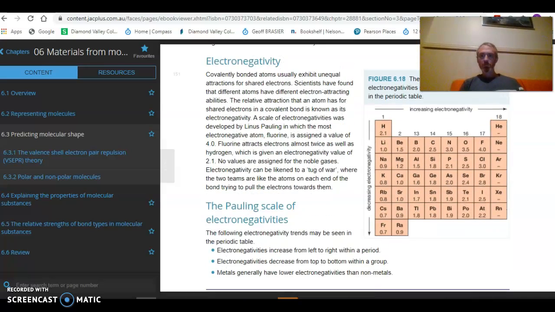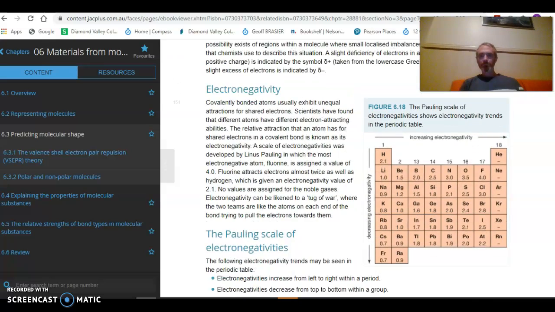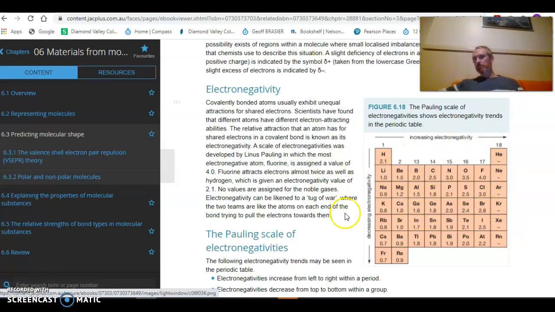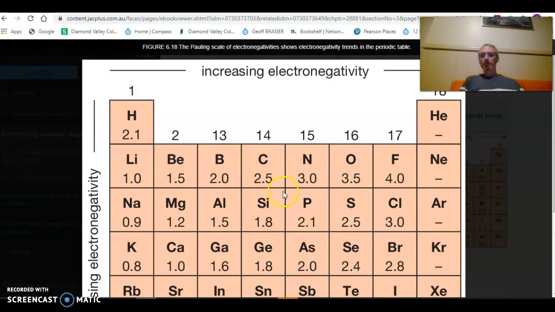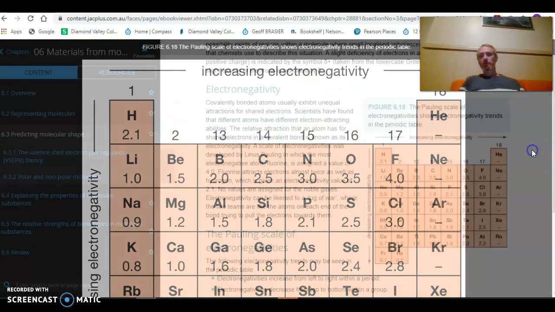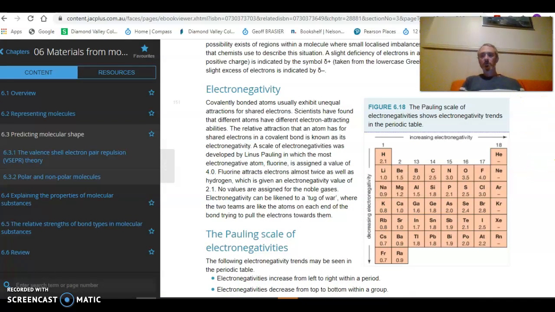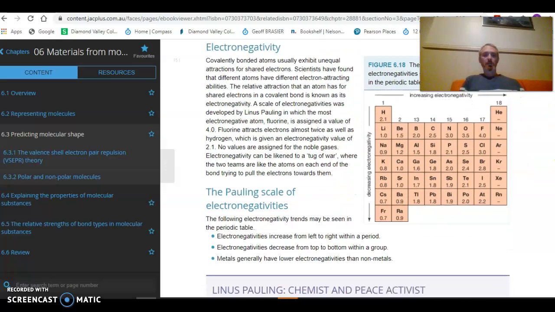Linus Pauling, who the scale is named after, was one of the most important chemists of the 20th century. He won the Nobel Prize twice, I think. He developed a scale for ranking electronegativity. It's the most commonly used one. And you'll need a table like this to work out which element is more electronegative in a bond.